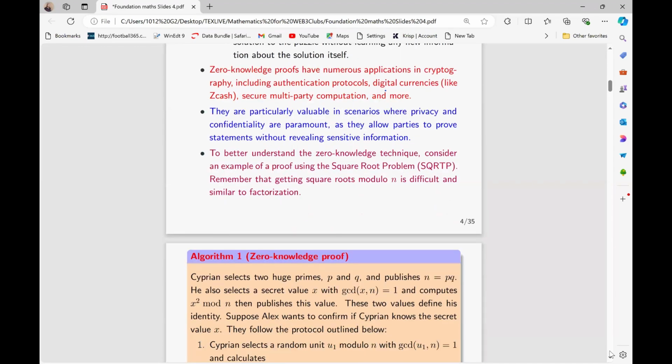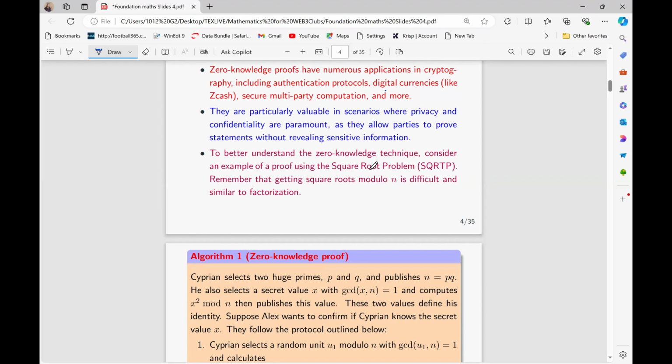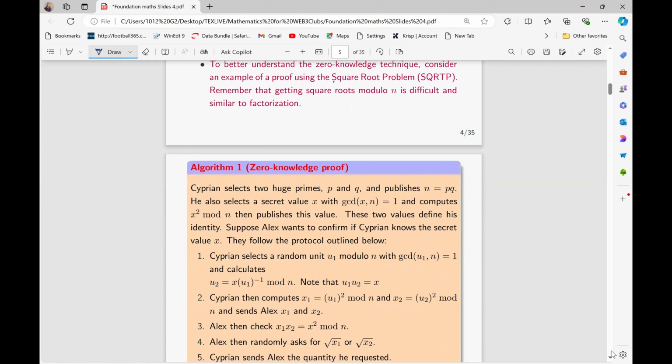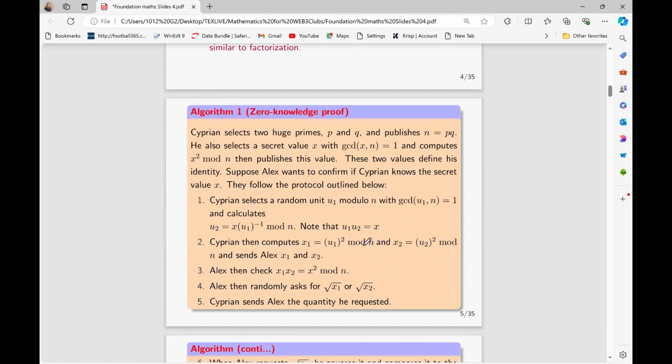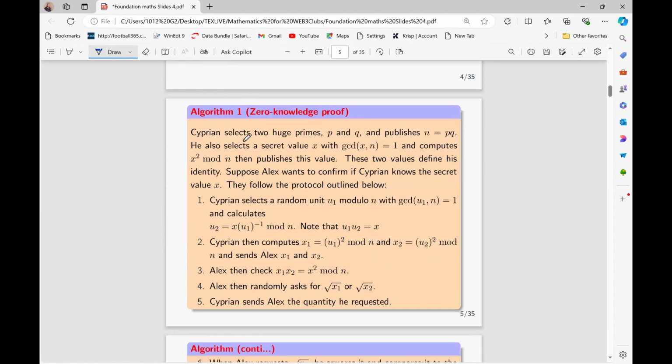Now, just to help understand the concept of zero knowledge, I want to use some mathematics. The one I want to use is the concept of the square root problem. And the algorithm is here. We have this person called Cyprian who selects two prime numbers and then publishes n.